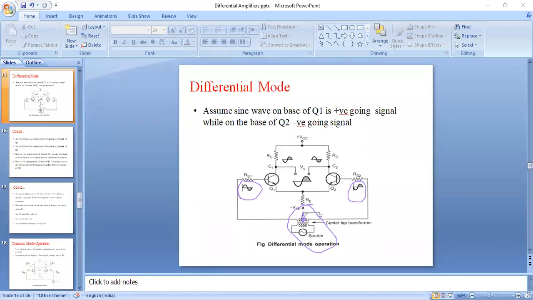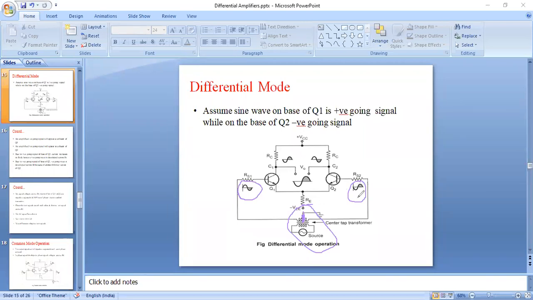The magnitudes are the same, only the phase differs, by 180 degrees. For example plus 10, minus 10, or plus 5, minus 5.